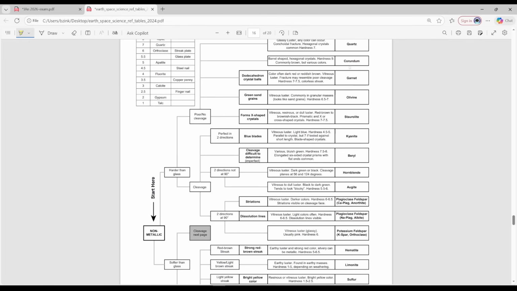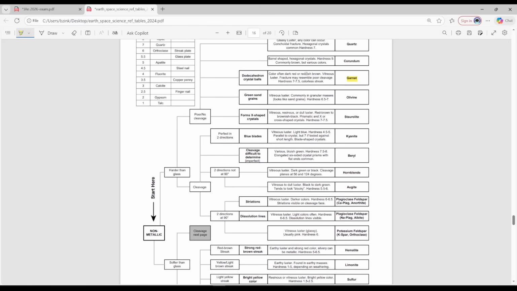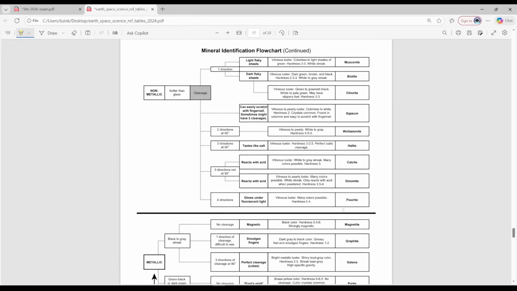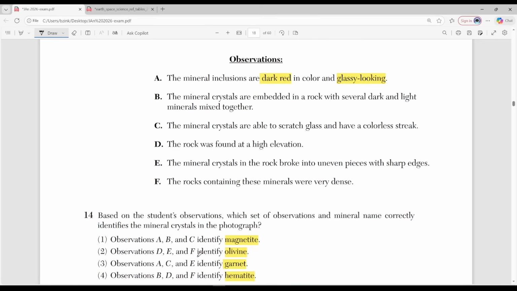So, garnet, dark red, so that's good. Olivine, magnetite's black, so magnetite's out. So we're gonna cross off magnetite. Garnet is possibly good still.